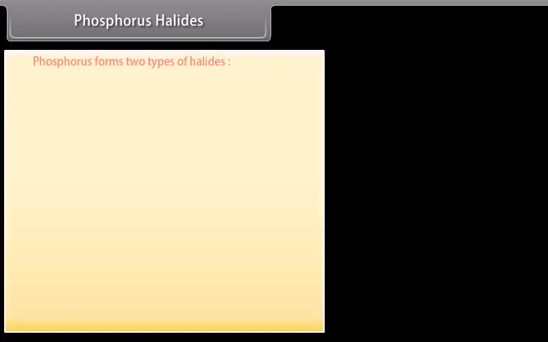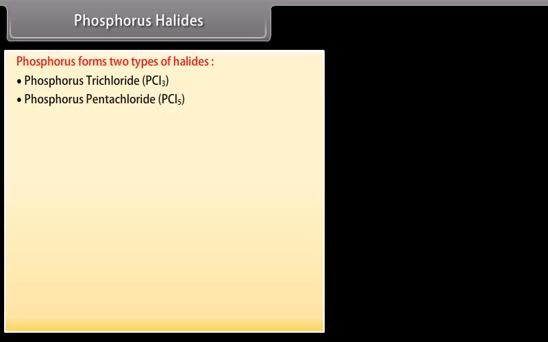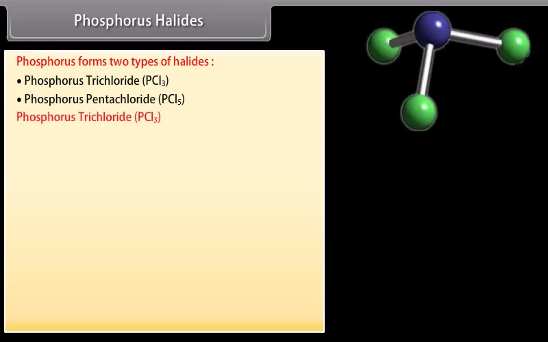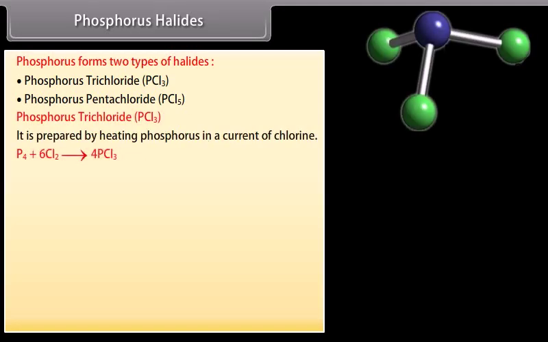Phosphorus halides. Phosphorus forms two types of halides: phosphorus trichloride and phosphorus pentachloride. Phosphorus trichloride. It is prepared by heating phosphorus in a current of chlorine.